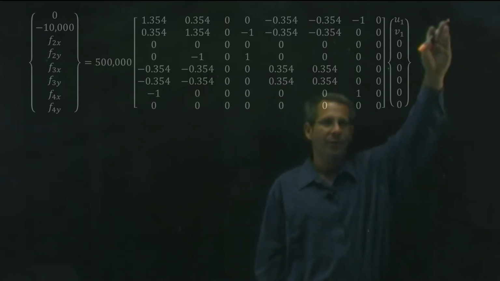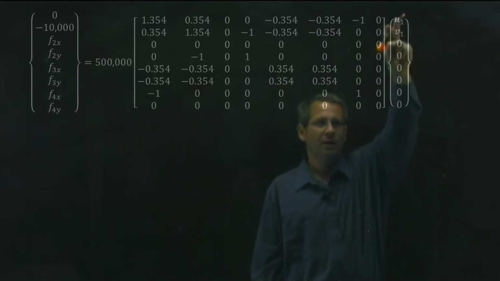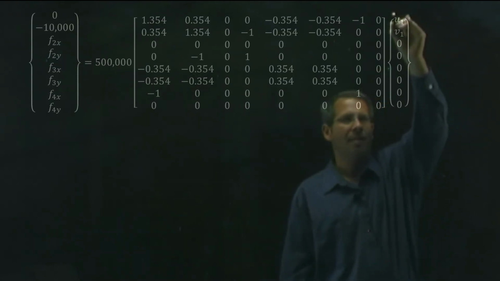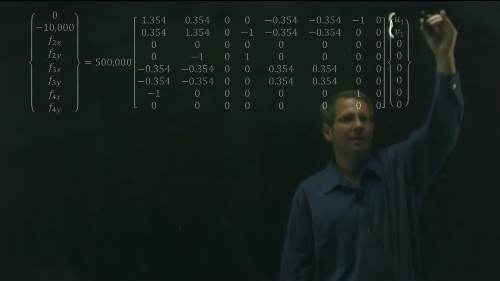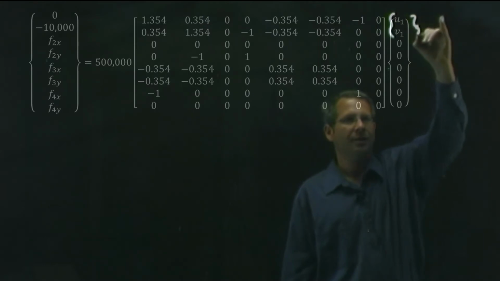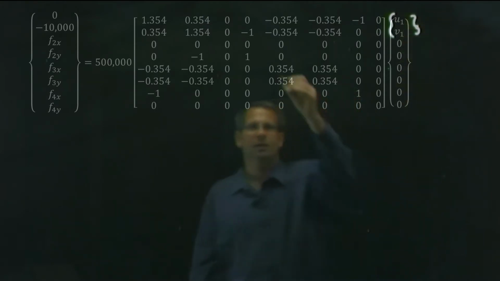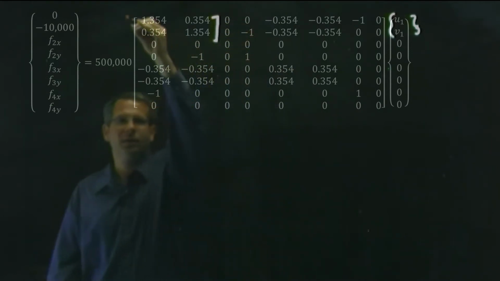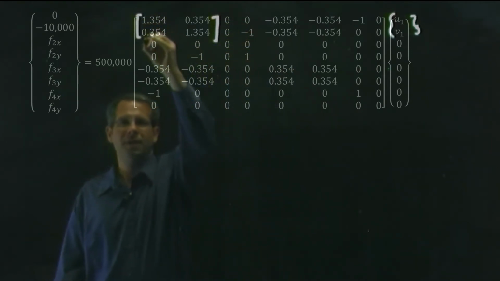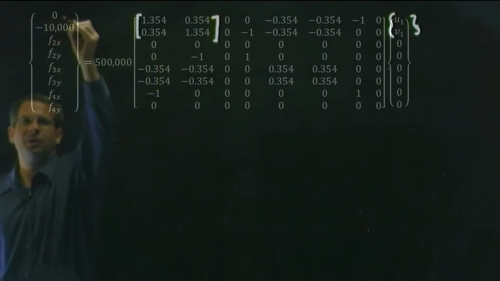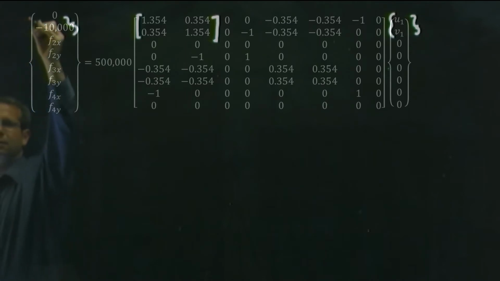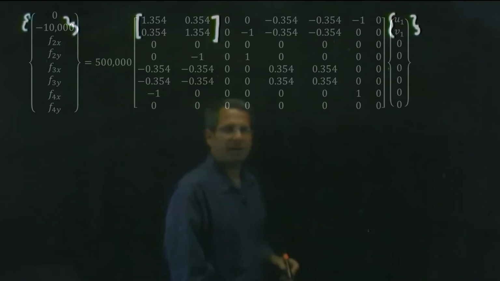To solve for our unknown displacements, I'm really looking at a much smaller problem. This 2-member vector, u1, v1, multiplied by this little 2x2 matrix is equal to this 2x1 vector.